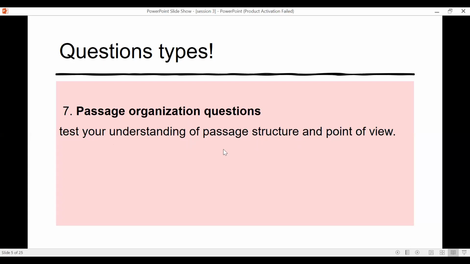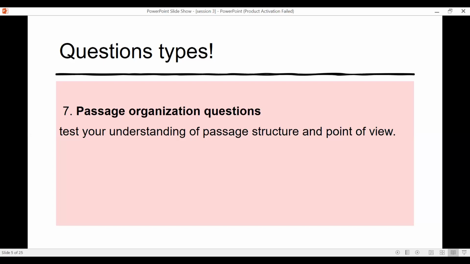The passage structure, how the passage is organized, like in what way? In terms of cause and effect, in terms of a general introduction, then supporting body paragraphs, then conclusion. This is for the scientific. Does the passage include a certain experiment in the middle?